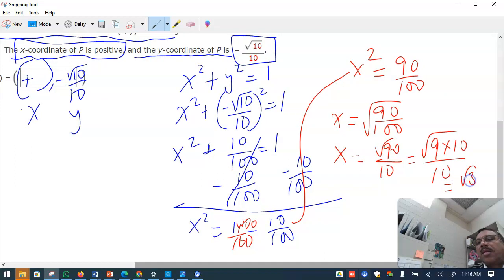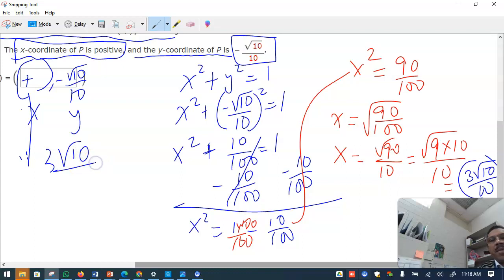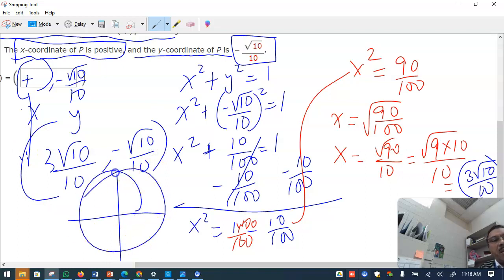The square root of 9 is 3, so it is 3 square root of 10 divided by 10. So that is the answer. Your answer here would be 3 square root of 10 over 10, and minus root 10 over 10. So this is correct. This is in the fourth quadrant.